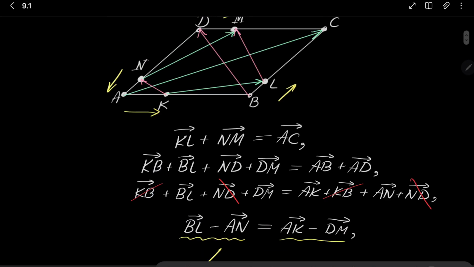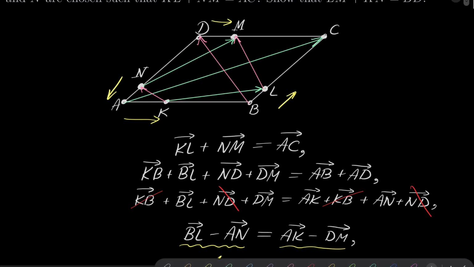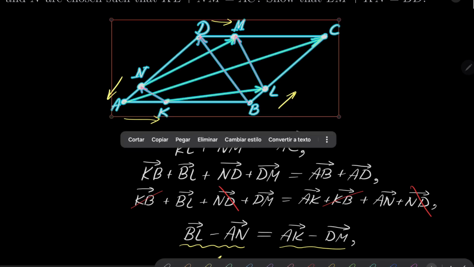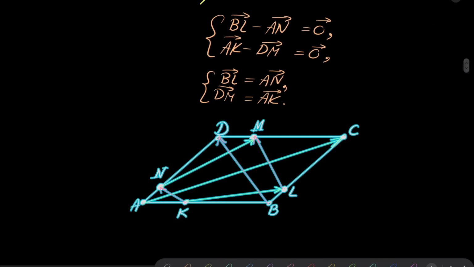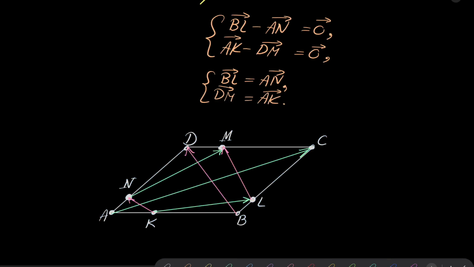Alright, now let's take our drawing once again. And let's see what it means. Well, this means really BL and AN. These vectors, now we know they are the same.